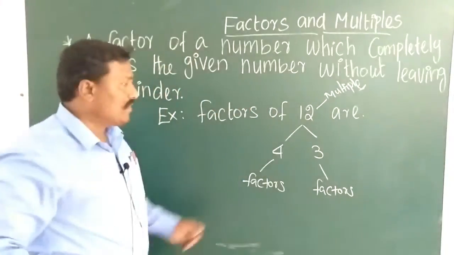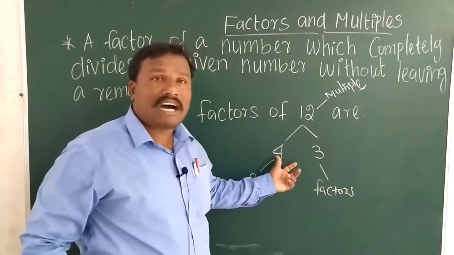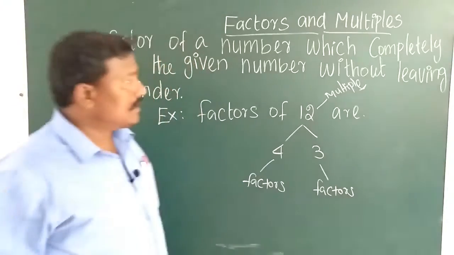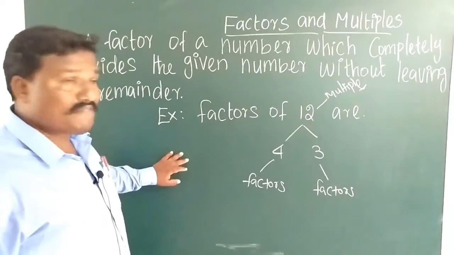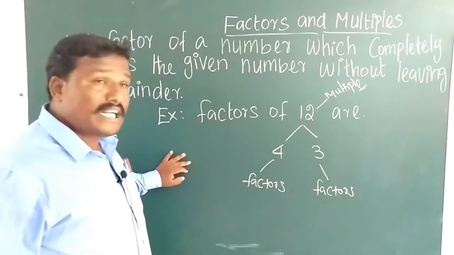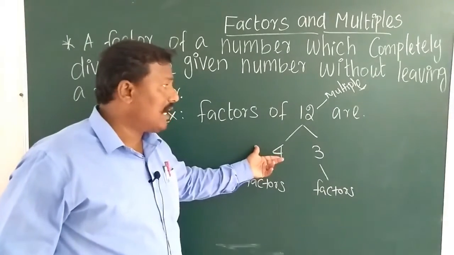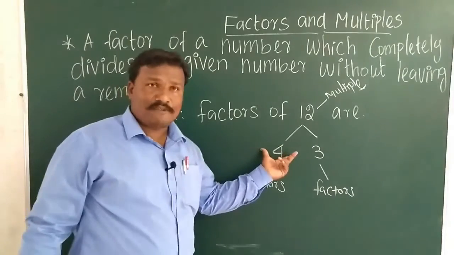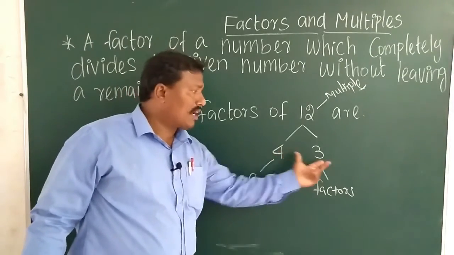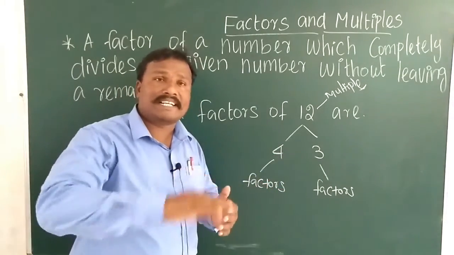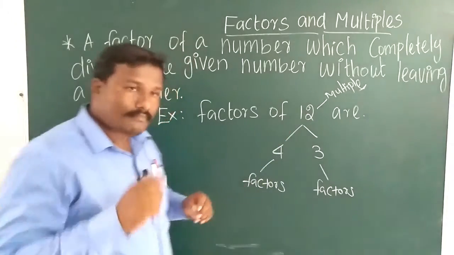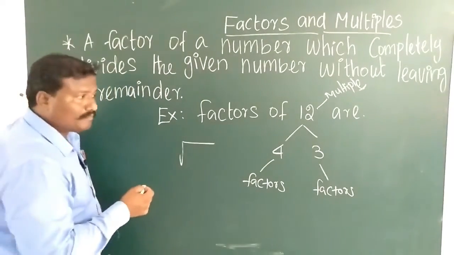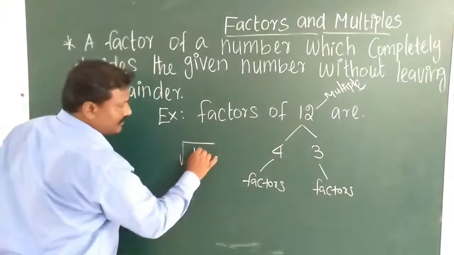So 4 and 3 are factors and 12 is a multiple. Now you can understand what is a factor and what is a multiple. Let me check with 4: how does it divide completely? I told you 4 and 3 both divide 12 completely.